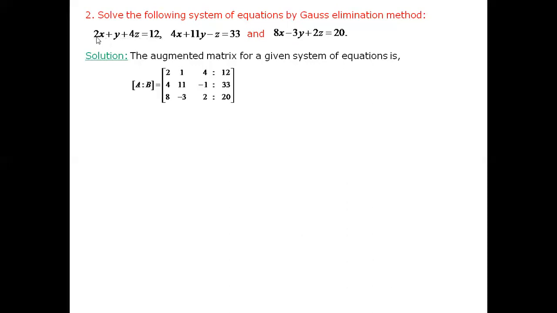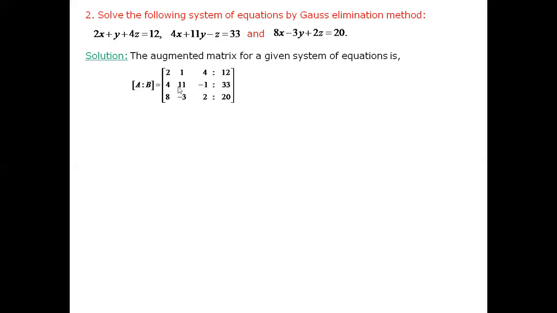So what are the coefficients here? 2, here it is 1, here 4 is equal to 12. So I can write 2, 1, 4, colon 12. The second equation gives the second row. The coefficients are 4, 11, minus 1, 33.